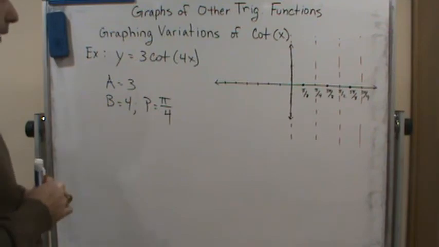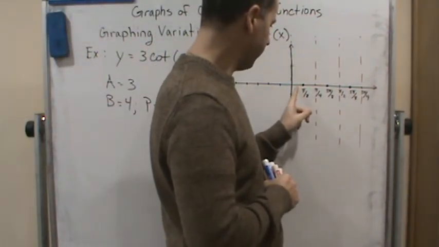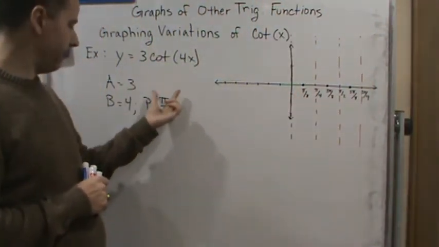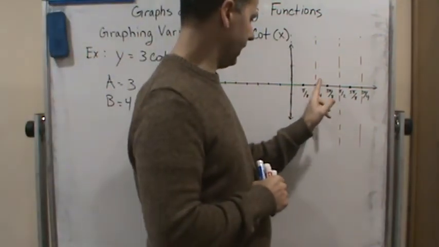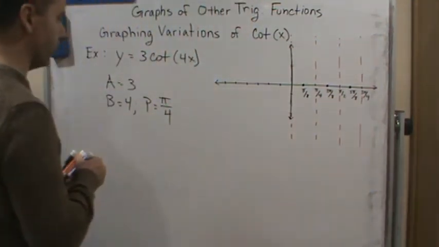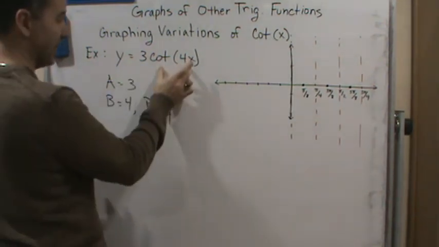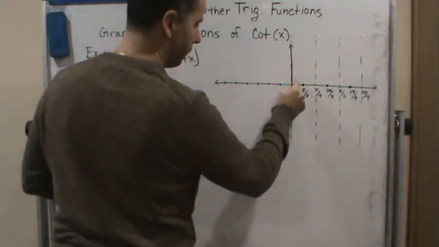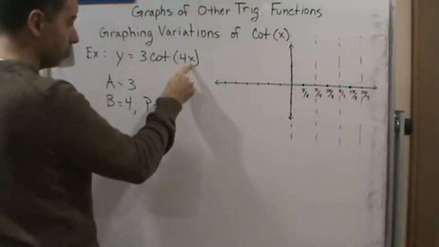Now, we can also pick a couple of reference points. Remember like we did before, we could pick halfway through here because the period is pi over 4, which means we can divide this by 4, which means we can put in an eighth. So what happens if we put in pi over 16?